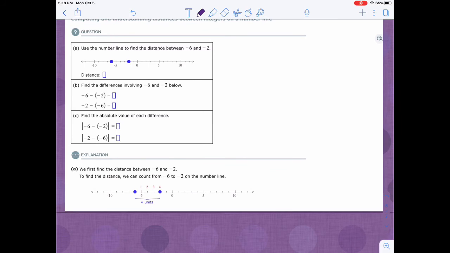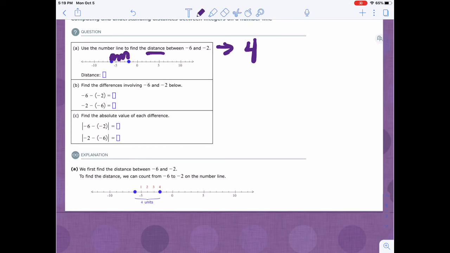Here we have a number line, so we can look to find the distance between negative 6 and negative 2. We've done some of these, but I know they're kind of confusing you. And notice 1, 2, 3, 4. There's a distance of 4 between them. It doesn't really matter whether I'm going to the left or to the right.